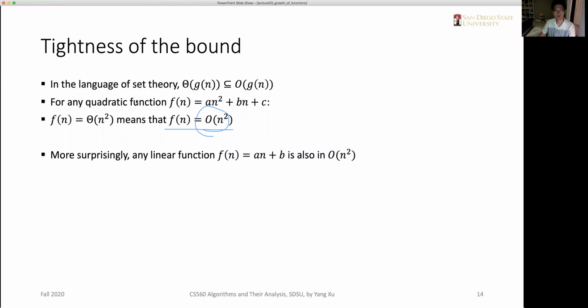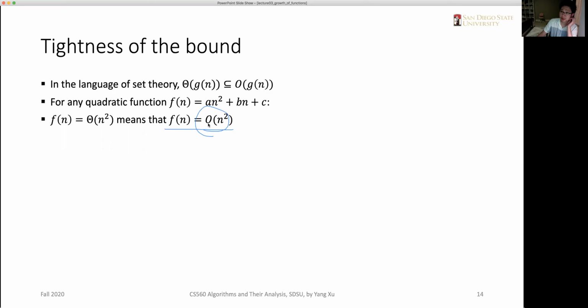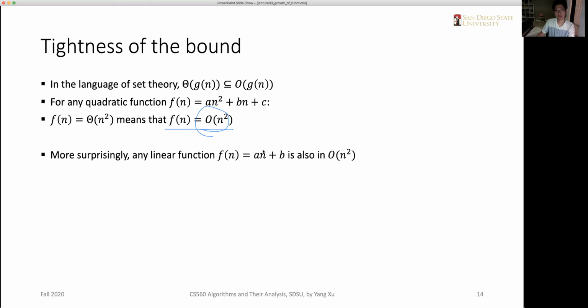But that's not a surprising fact. We know that a generic quadratic function can be sandwiched by two quadratic functions, so it must have a quadratic function as its upper bound. But it's surprising to find that a linear function also has the quadratic function as its upper bound.